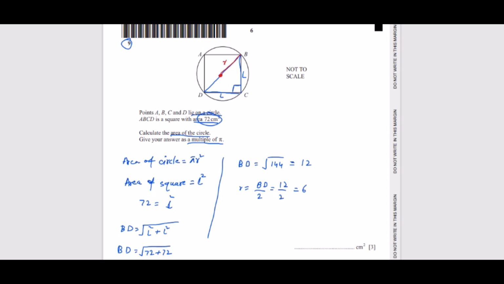Put the value of the radius here. Area of the circle is equal to pi r squared is equal to pi times 6 squared, that is equal to 36 pi. So the final answer is 36 pi.